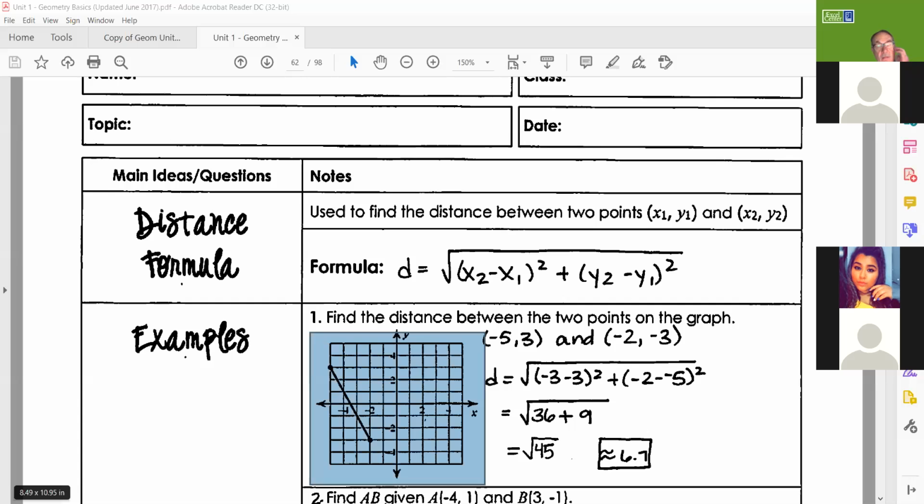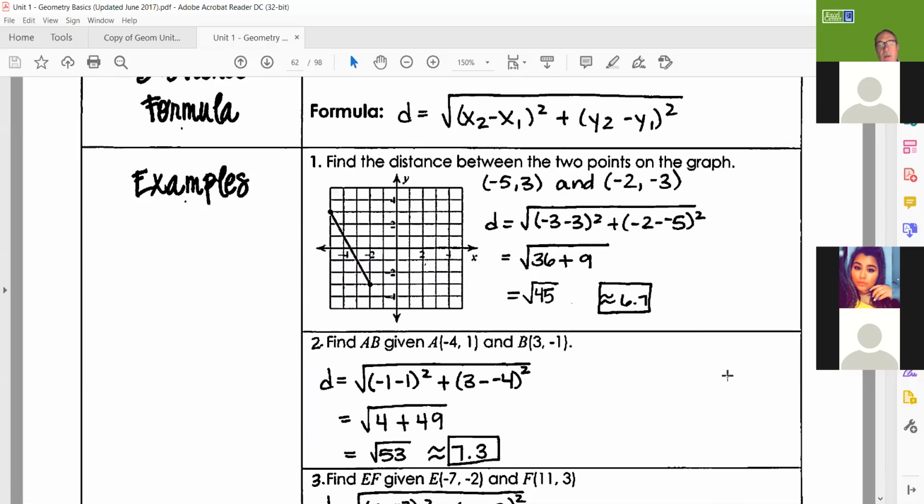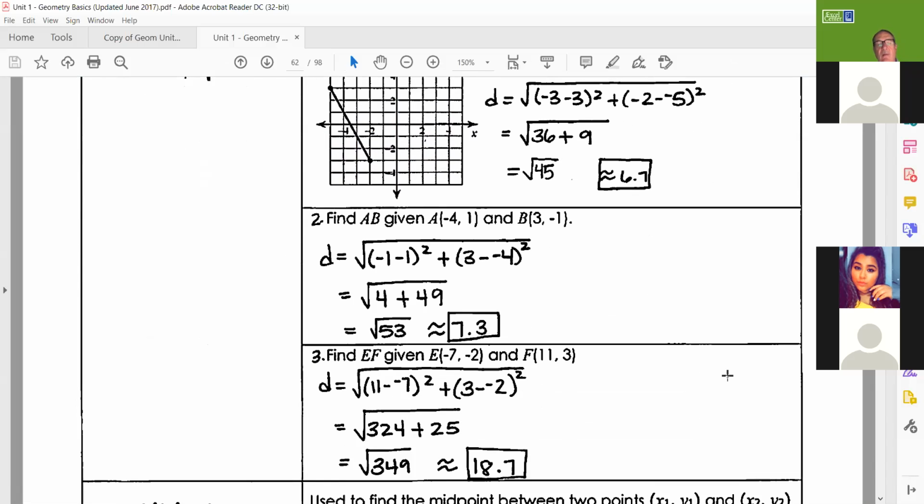So let's go back to the handout. What you see on these next two problems, they don't even give you a graph. You don't really need it to be able to use the distance formula. You could do the Pythagorean theorem also. The problem, though, when you don't have a graph, is you're not really sure which side is which.